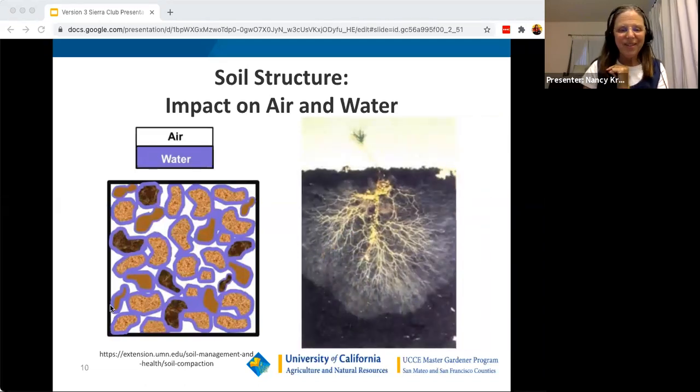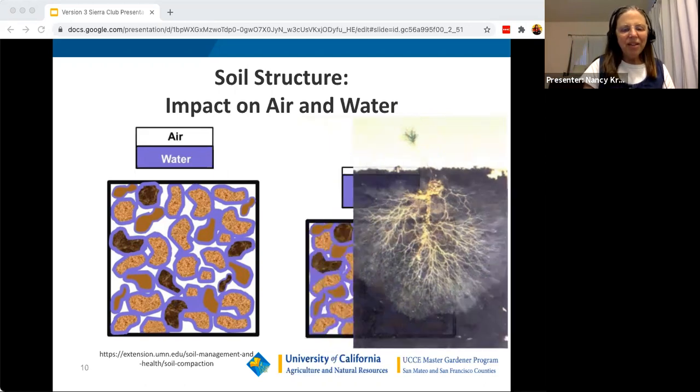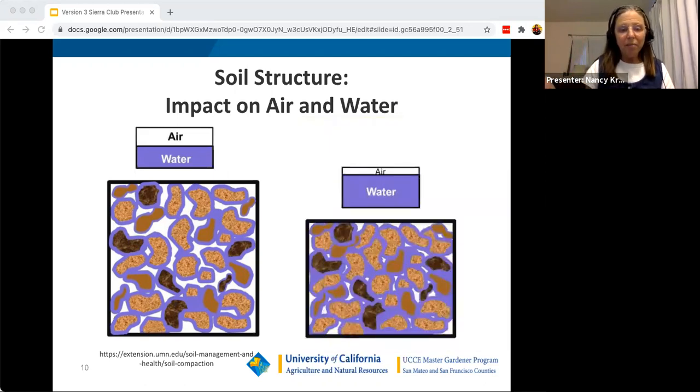In a healthy soil system, where plants form mycorrhizas or relationships with fungi, the mycorrhizal fungi can get to that water. It's really tiny and thin, and it can get into those tiny spaces, get that water, and send it back to the plant. Pretty nice relationship.